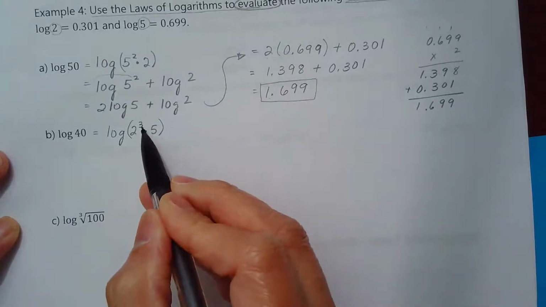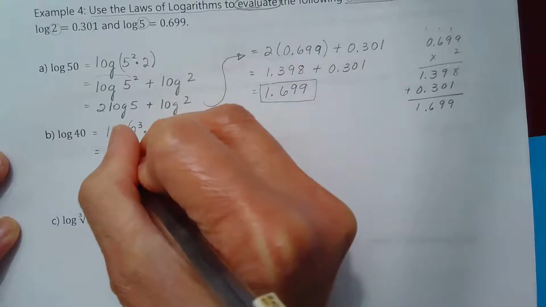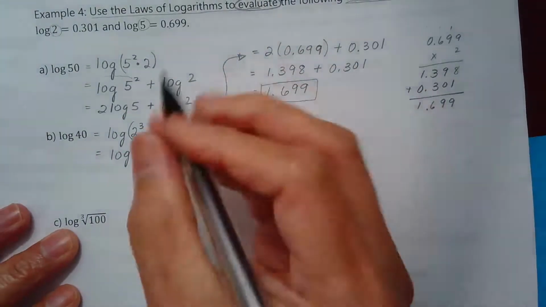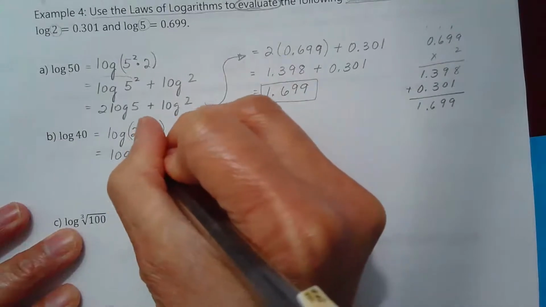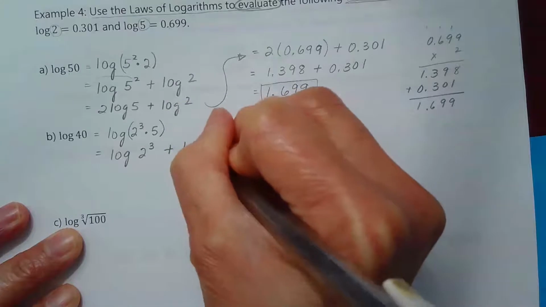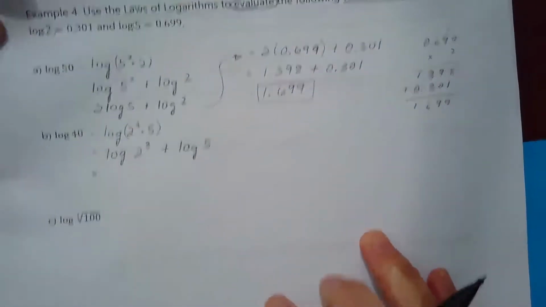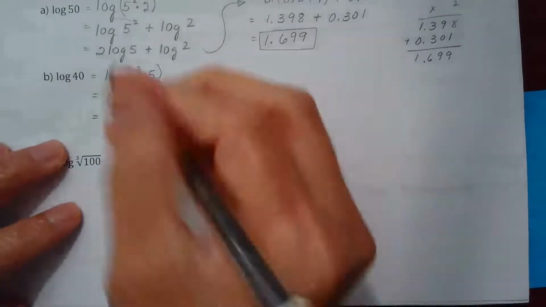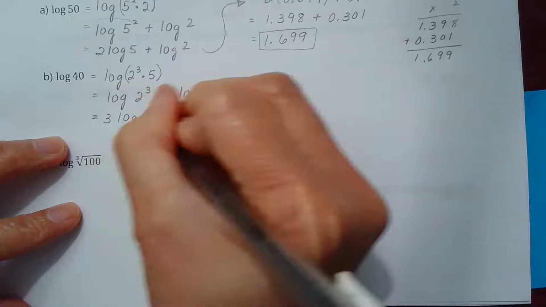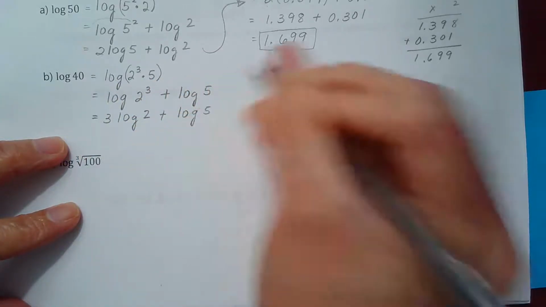That becomes, I can split that up into a sum of the two logarithms: log of 2 cubed plus log of 5. And then the 3 can be over here. So it's going to be 3 log 2 plus log 5.